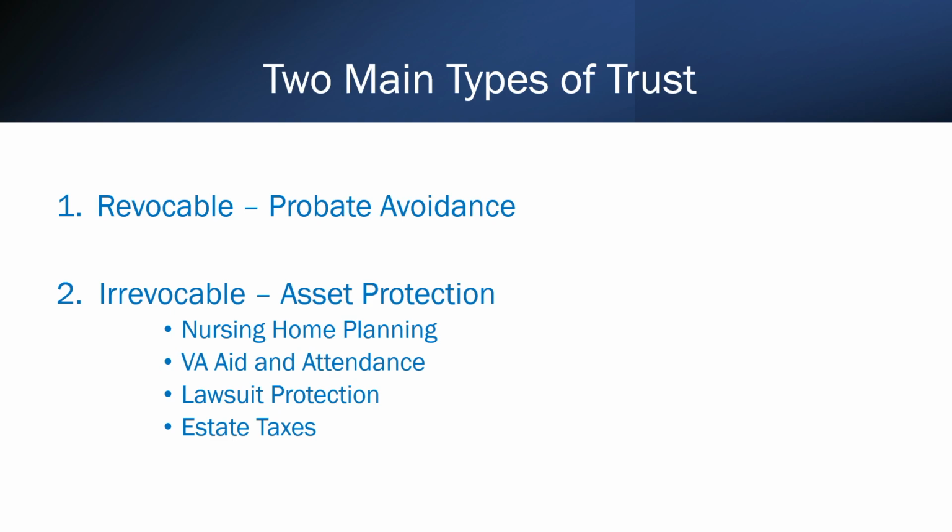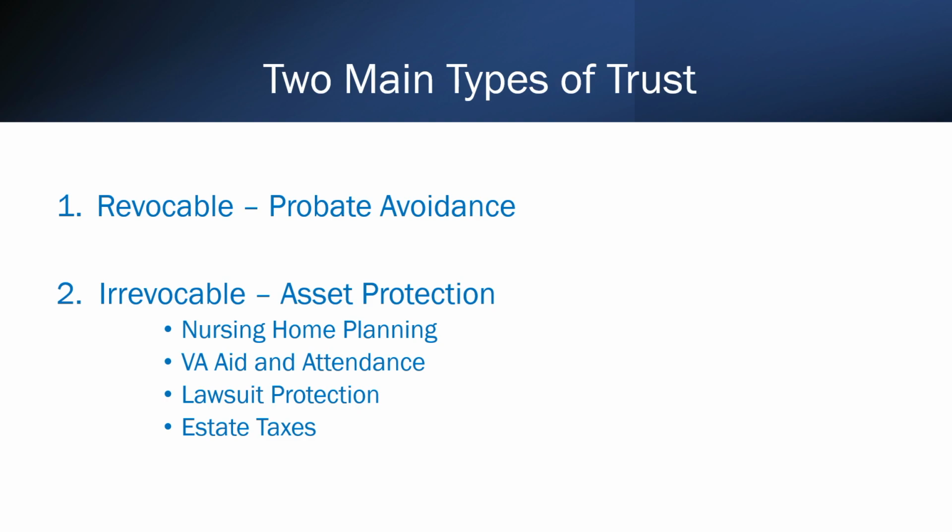So those are the two main types of trust. The revocable trust. Revocable means you can revoke it. You remain in control. You are basically acting as your own trustee of your trust, and you control it just like you do now. When you get into the second type of trust, the irrevocable, you start to lose control over the assets in the trust, and it becomes, like it says, irrevocable.